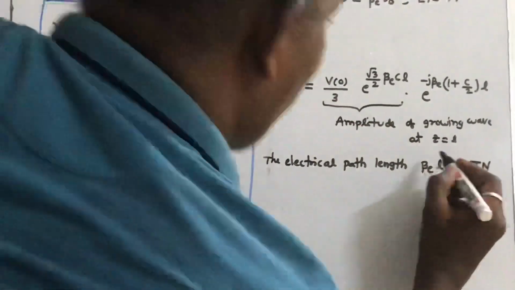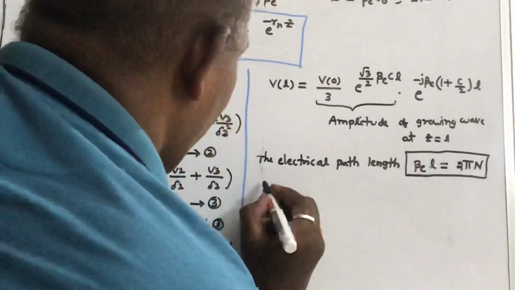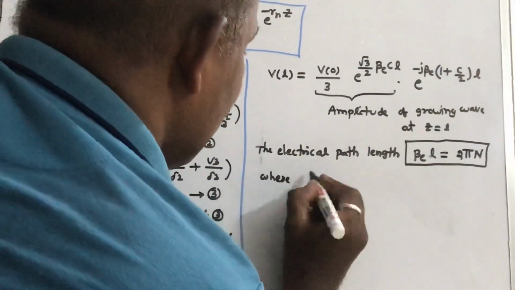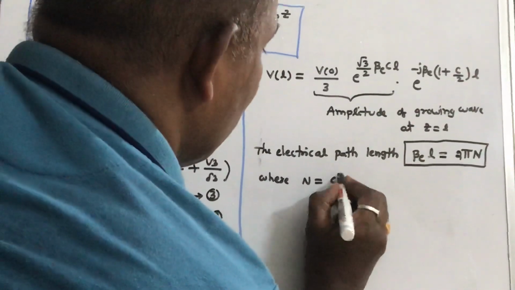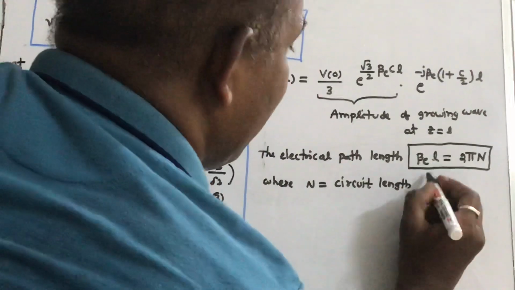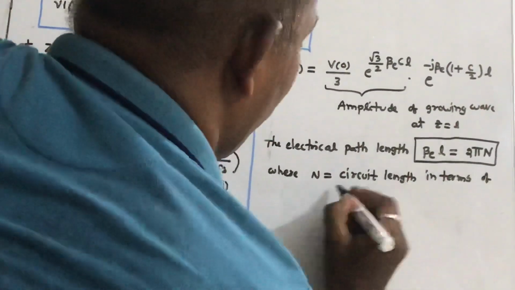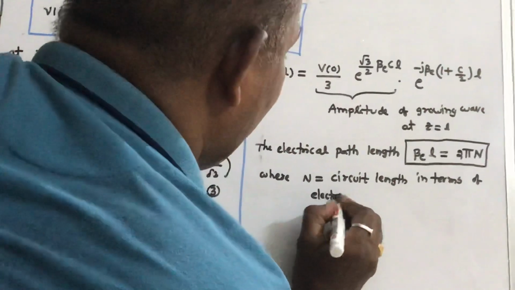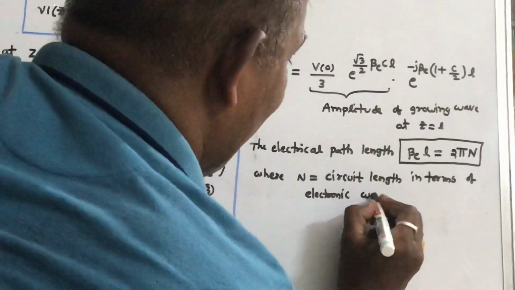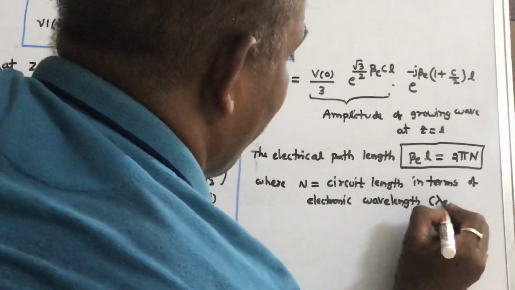This formula is also very important, where n is equal to circuit length in terms of electronic wavelength lambda e.